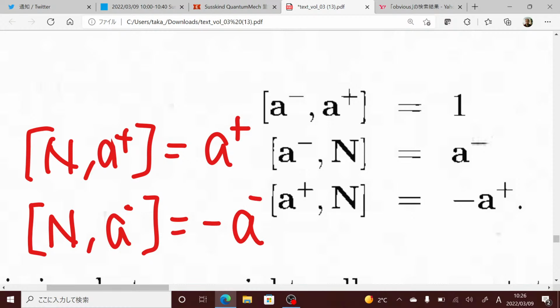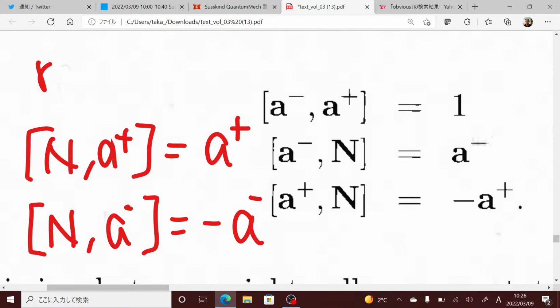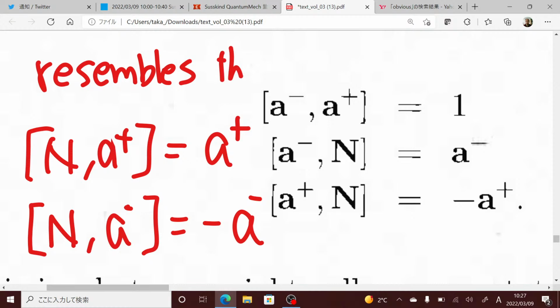So this looks as if it resembles an eigenvalue problem.